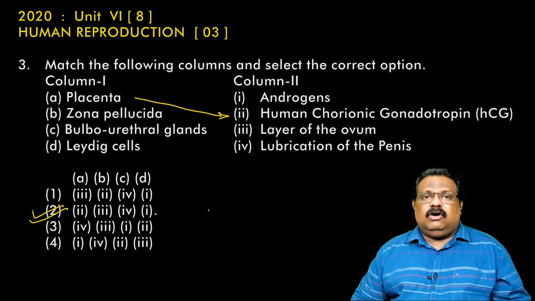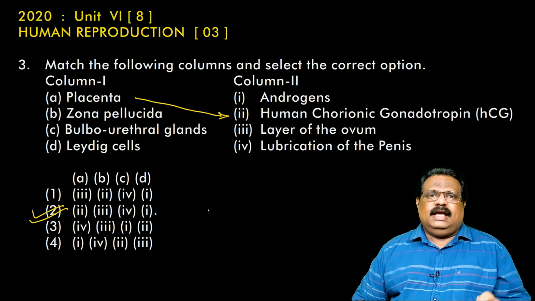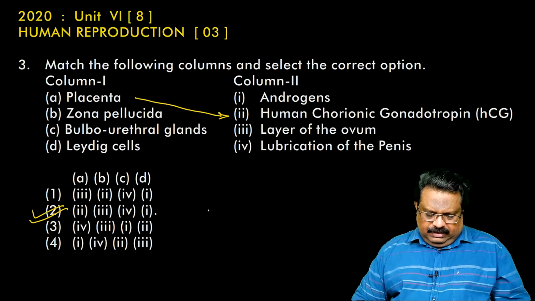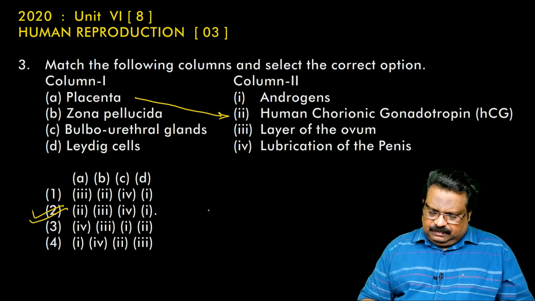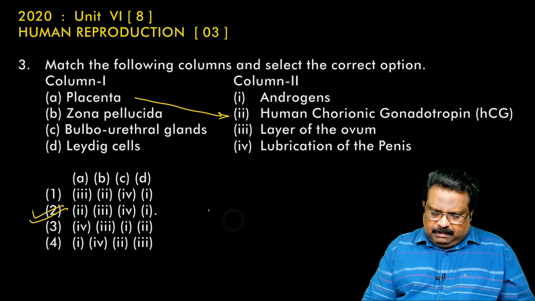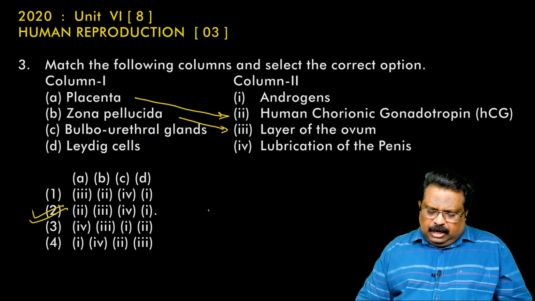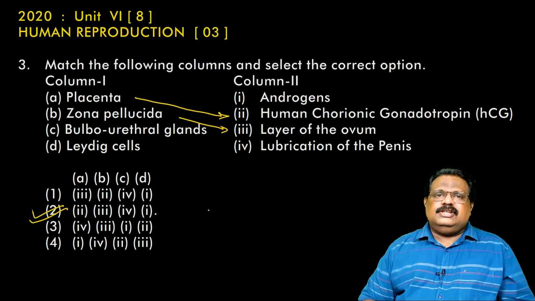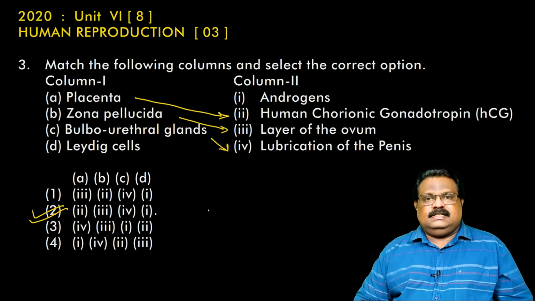Placenta: one of the main hormones secreted by the placenta is human chorionic gonadotropin or HCG. Then we can see the other choices also. Zona pellucida is the covering of the ovum, right? That means B3. Then bulbourethral glands: the secretions of the bulbourethral glands are used for the lubrication of the penis.